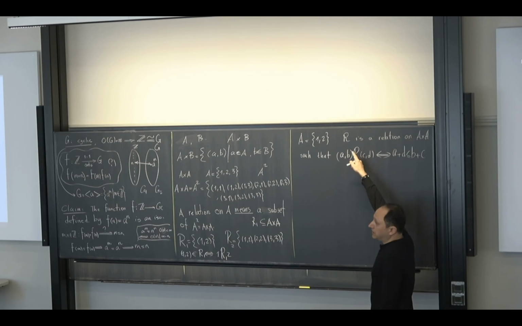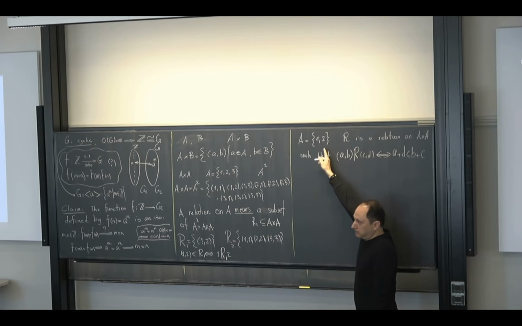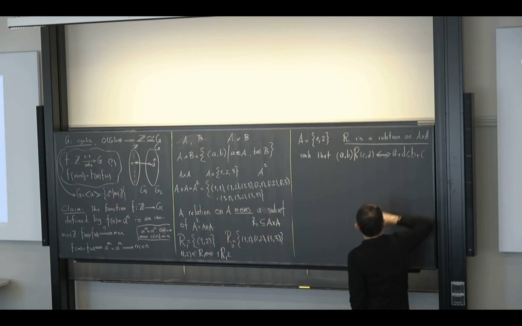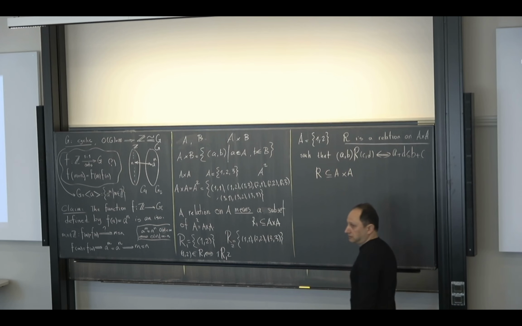The R that I am defining is not a relation on this given A. A is given, but R is not a relation on A. If R was a relation on A, I would have to imagine A by A. But R is a relation on A times A. So just by this sentence, which one is wrong? This is wrong. So can you fix it?